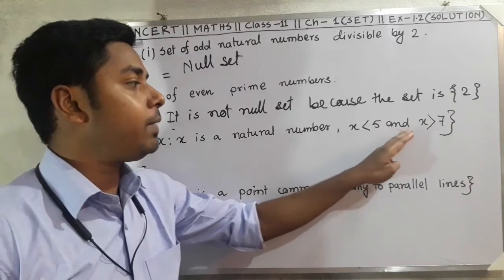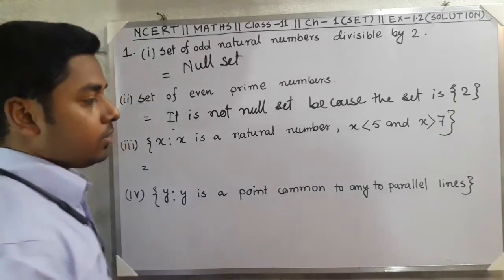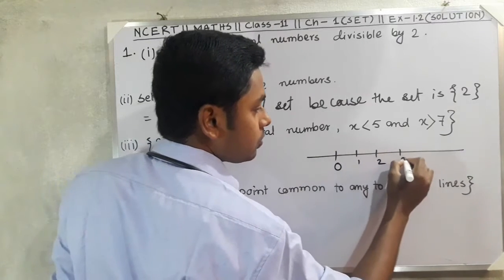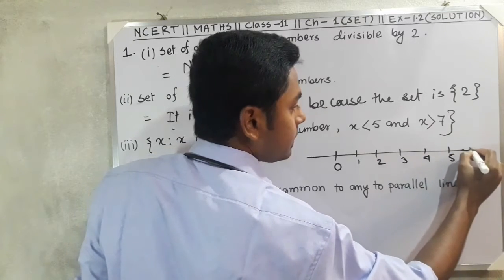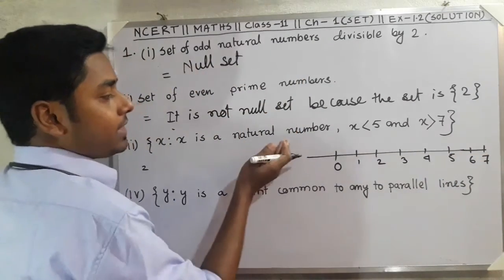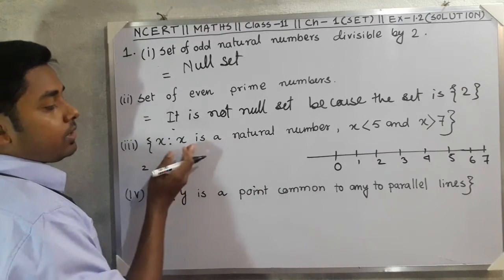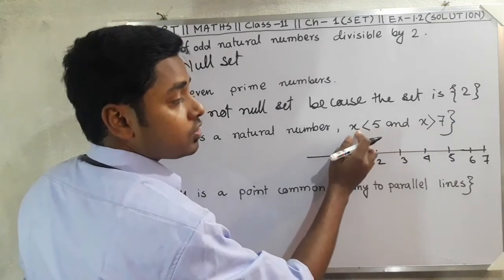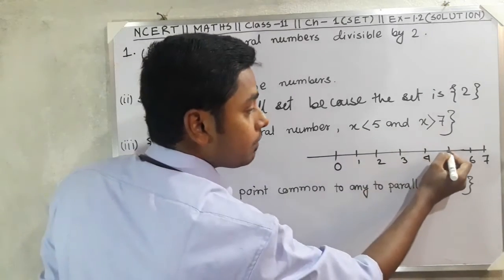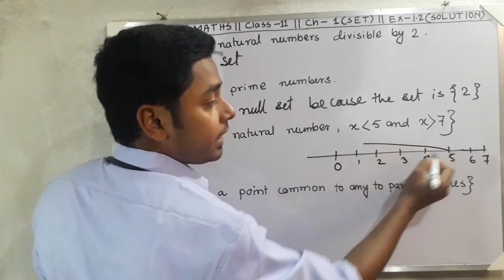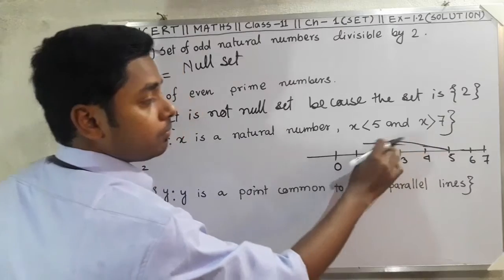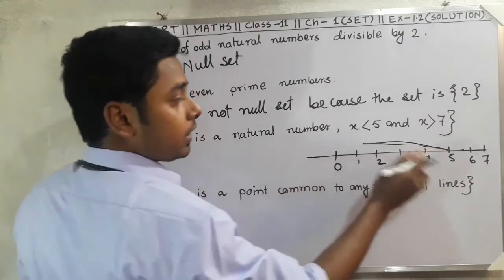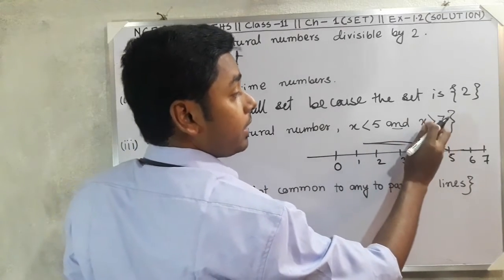Now question number 3, x such that x is a natural number and x is less than 5 and x is greater than 7. Suppose the number line is 0 1 2 3 4 5 6 and 7. We have to take a natural number x which will be less than 5, that means below 5, on this side. And x should be greater than 7, so x will be on the other side.